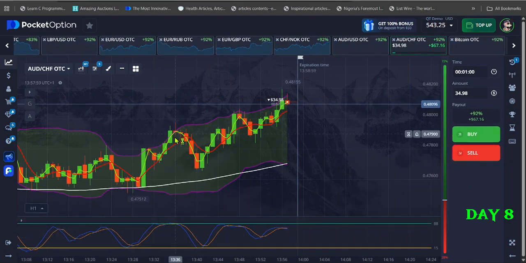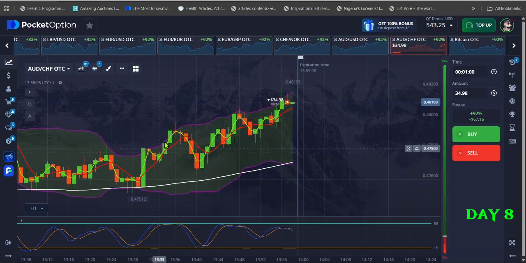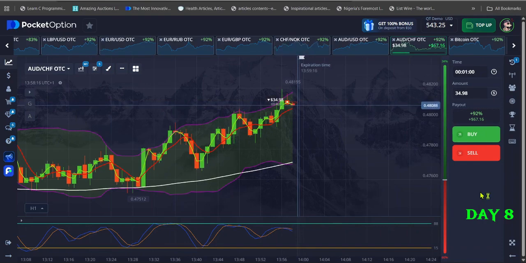I'm taking a sell right here because you can see anytime it touches the upper band, it usually pushes down. It touches the upper band here, it drops, touches the upper band again, drops, touches the upper band again, drops. Now it has touched the upper band twice, so I believe it should drop. But let's still see if that will work this time.